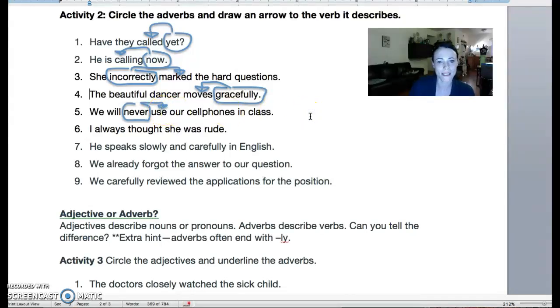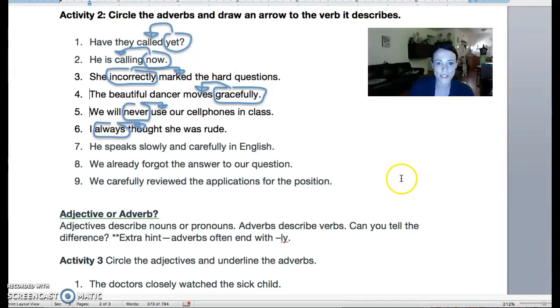Okay, number 6. Where is the adverb? Always. And the word always is describing the verb thought. That's our past tense of the verb think, right? I think, I thought. I always thought she was rude.